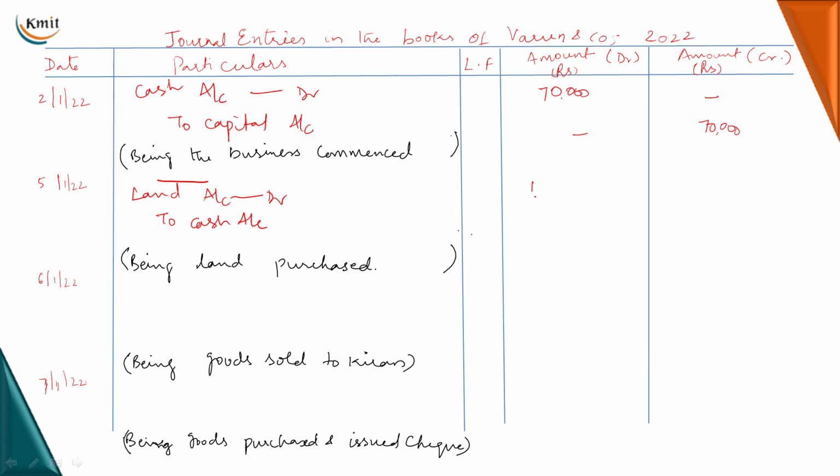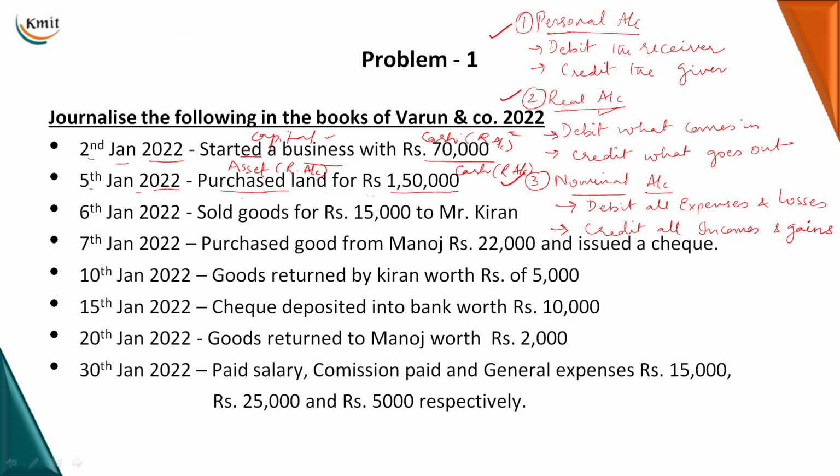What is the amount here? When the land account is being debited, it is debited with 1,50,000 and cash is credited with 1,50,000, right? Third transaction.